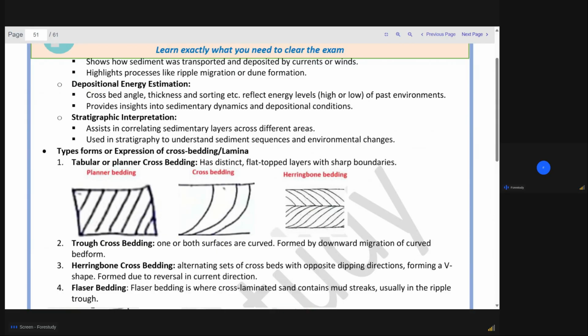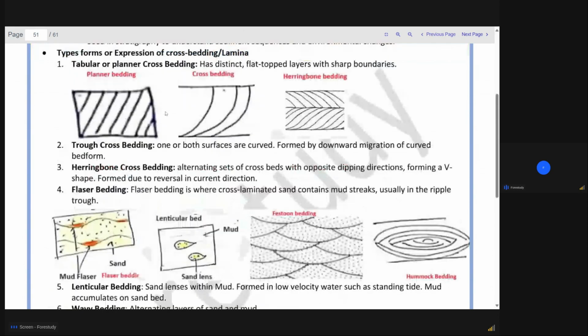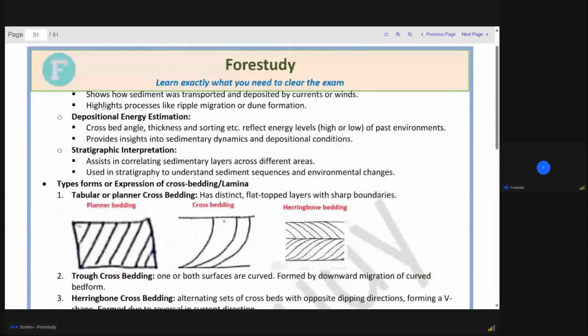Then things change there. We will not go into that detail, but for your syllabus, I think the preservation of the lee side will be enough. A major importance of a cross stratification or a cross lamina is the paleocurrent analysis.